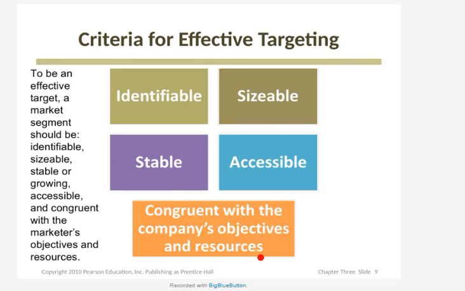Okay. So at first Johnson & Johnson began the segmentation by dividing the market into small babies or children and adults.